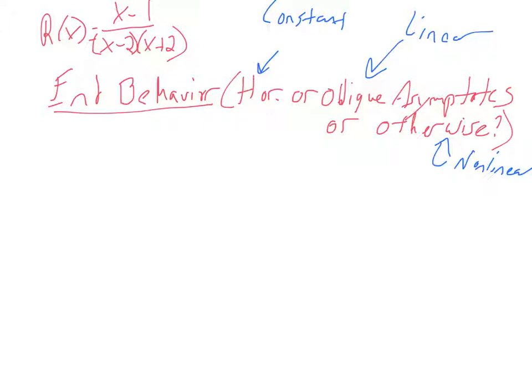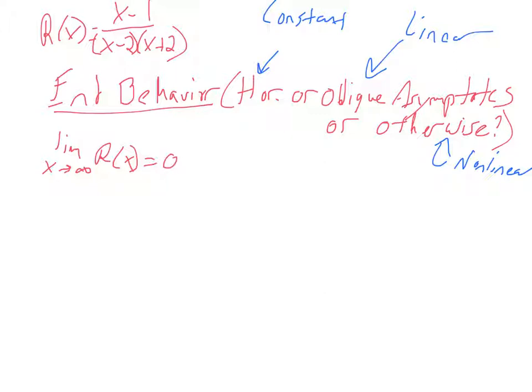So the question for the end behavior is, what's the limit? What's happening to y as x goes to infinity? As x gets really, really big, what's happening? As we go really far to the right on the graph of the function, what's happening to r of x, to y? It's getting really small, until it ends up becoming 0.